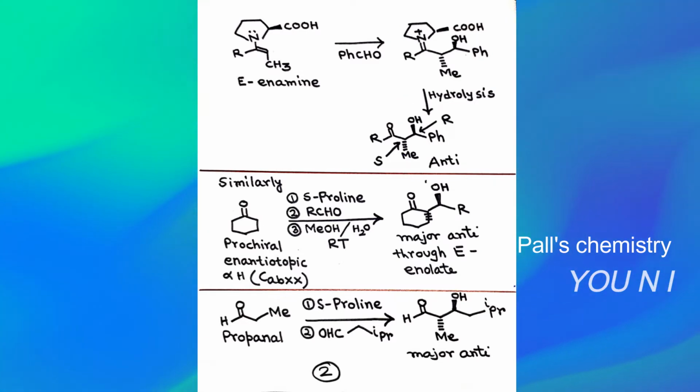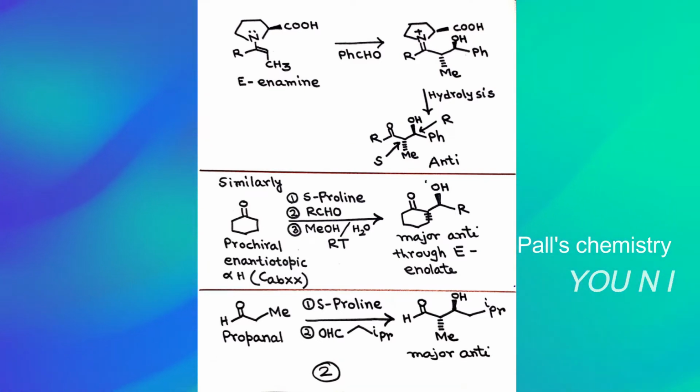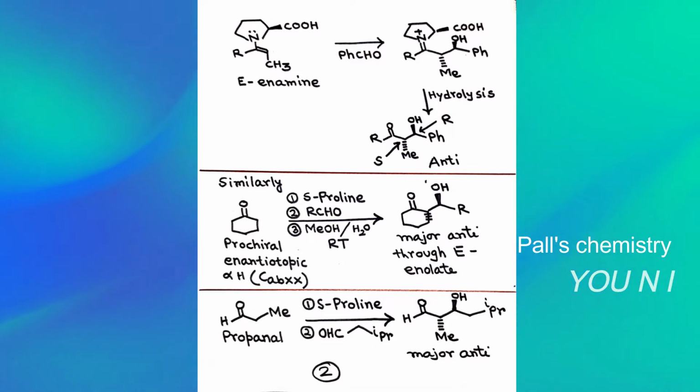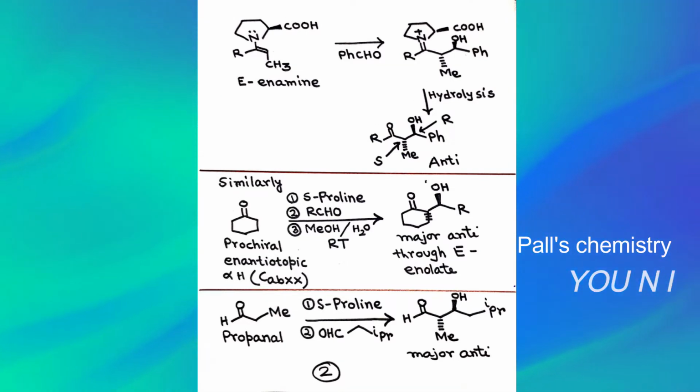Now we can apply this to the next substrate, that is cyclohexanone. Just like in the previous case, this cyclohexanone is also a prochiral molecule, and adjacent to the C=O of cyclohexanone we have the CH2 group, and the two hydrogens of this CH2 are enantiotopic, as it comes under CABXX type.